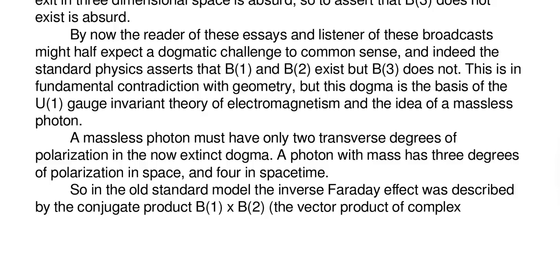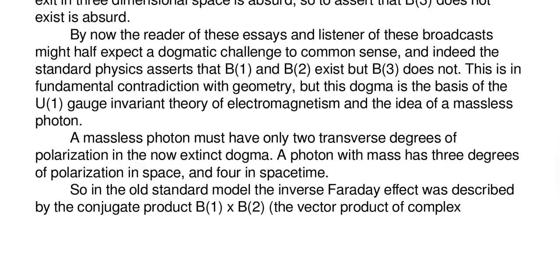By now, the reader of these essays and listener of these broadcasts might half expect a dogmatic challenge to common sense, and indeed the standard physics asserts that B1 and B2 exist, but B3 does not.